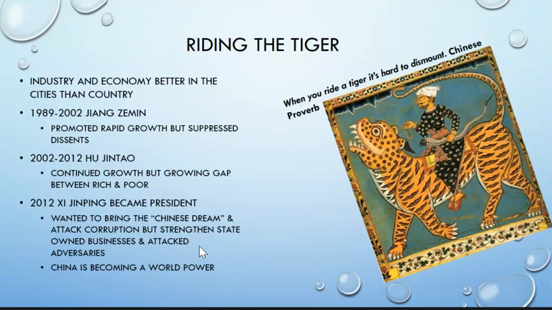But he ends up strengthening state-owned businesses, and he has attacked his adversaries. But one thing is sure, China has become a world power and will, I think, only become stronger in the future. This is why many people are calling the 21st century the Asian century, whereas the 20th century was the American century. So we'll see what happens there.